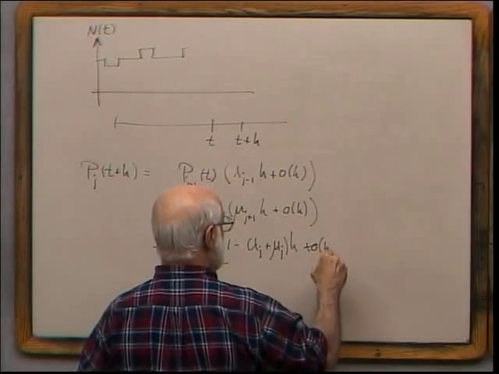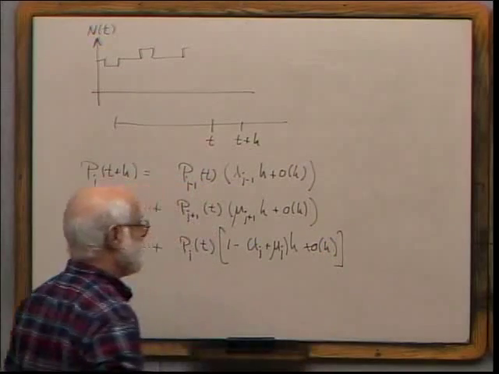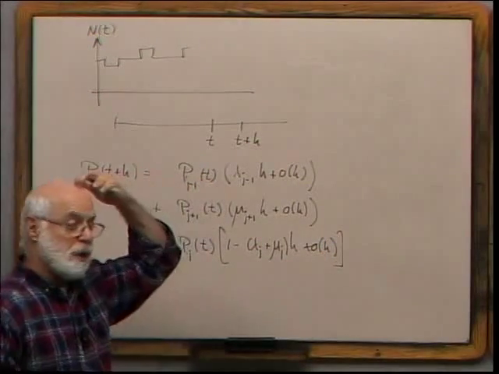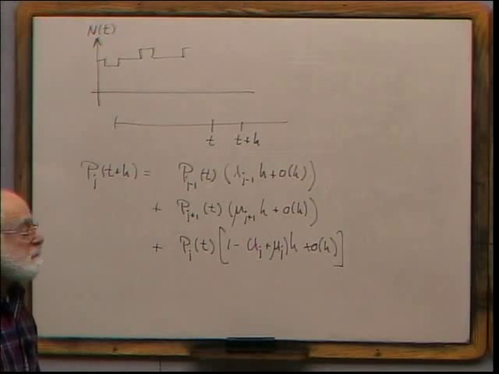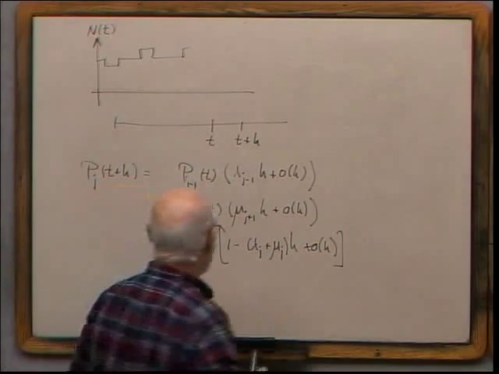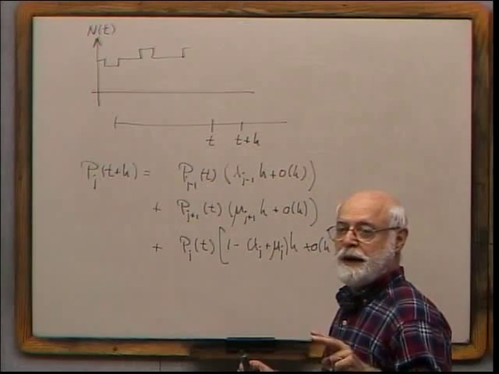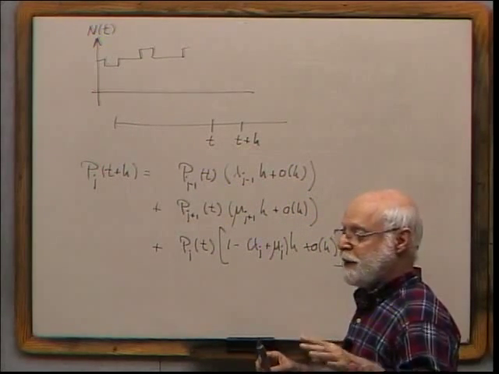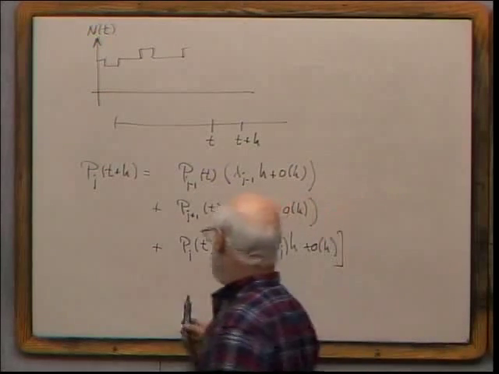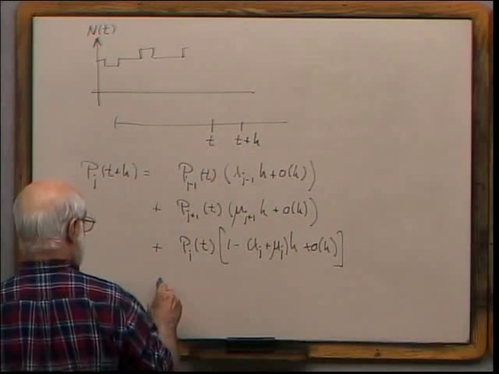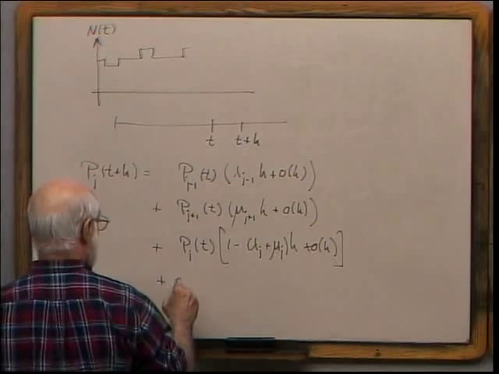I don't have to worry about the sign of it, whether it's a plus or a minus. It's just a small amount of garbage that I'm going to get rid of. And then finally, there are the probabilities of transition from all the other states, which are at least 2 steps away. We're saying that for all practical purposes, we don't have to worry about them. We don't want to have simultaneous births and deaths, so I'll call that little o of h.